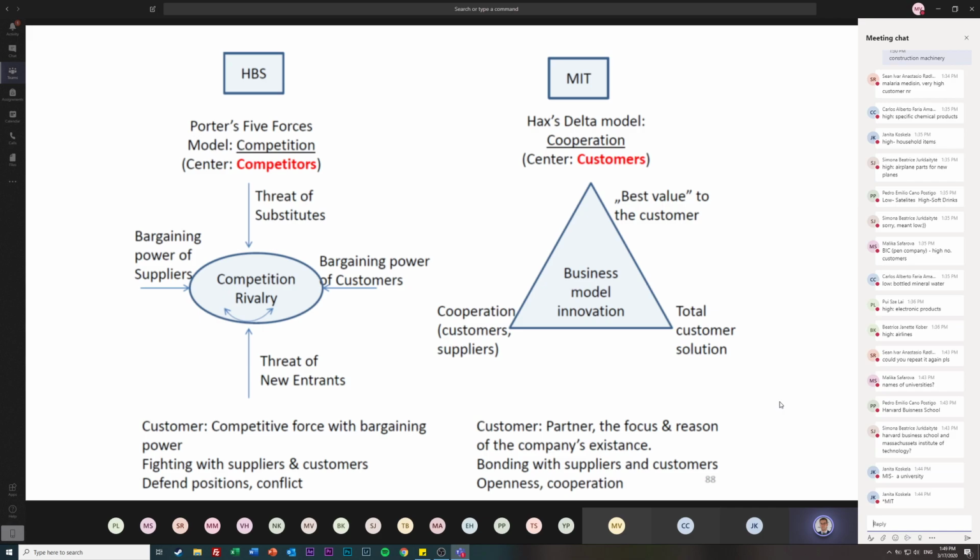For instance, you can check what's the value for the customer, what kind of innovations they developed, what's the total solution for the customer, and what service is provided for customers. But typically for Porter's Five Forces and the Hex Delta model, you need more detailed information if you would like to do it in a really good way.